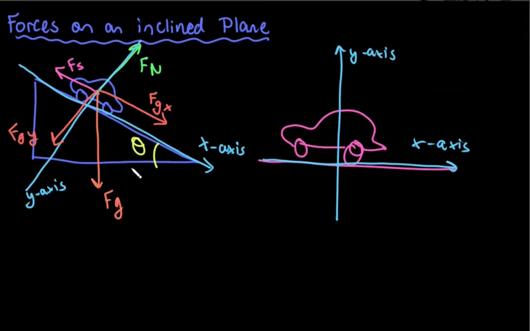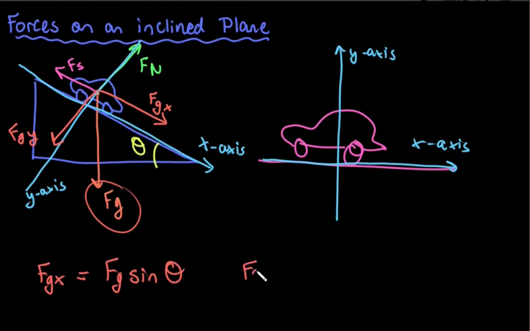So we have to break up our gravitational force into these two different components. This means that we're going to have formulas for these two components. FGX is equal to your force of gravity times the sine of your angle theta.